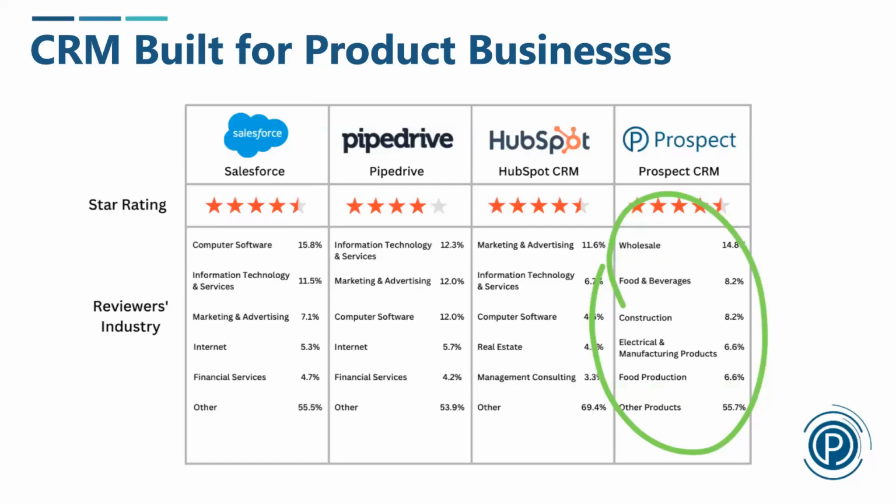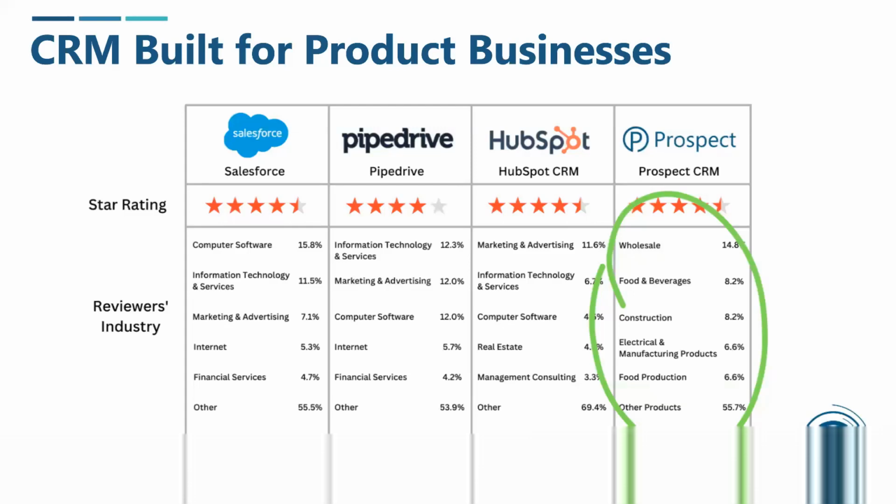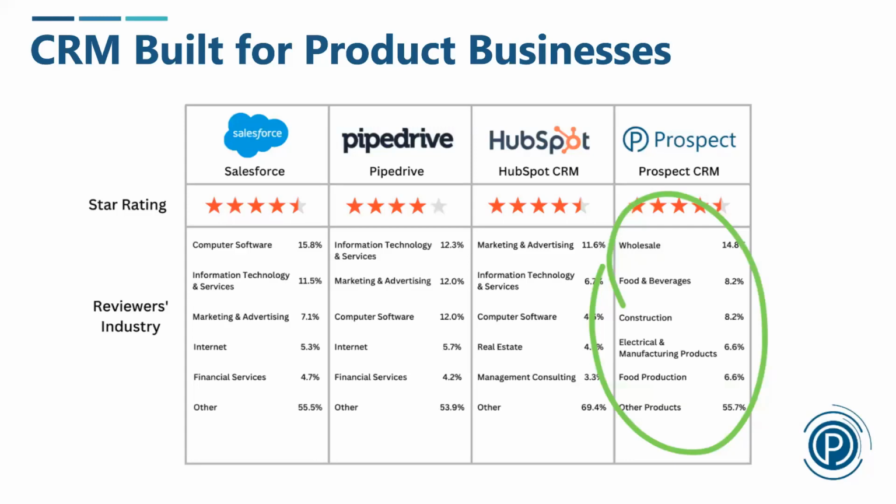Therefore, all of the features that we have in Prospect CRM and that we are designing are completely designed with these businesses in mind. And the way we have built our CRM is completely different to those that you might have looked at, or even, as I said, previously used, where their focus is to sell a service, but the majority of the features in that CRM are supporting delivering that service.